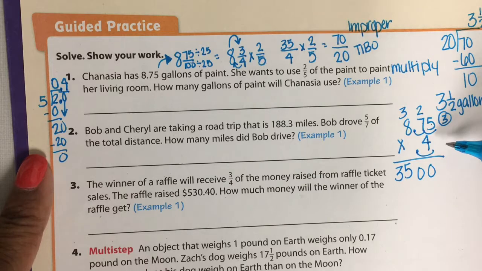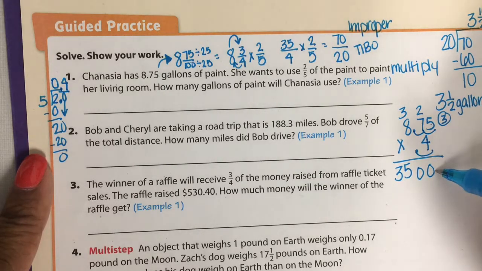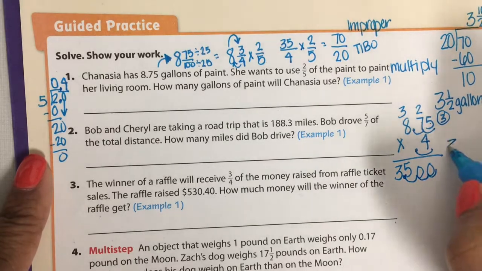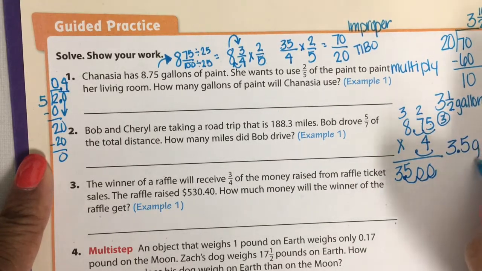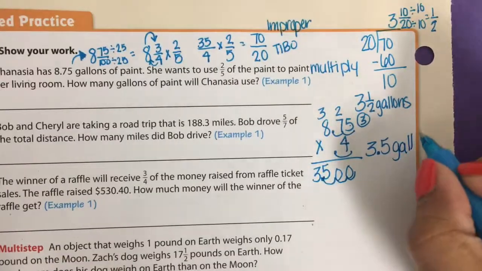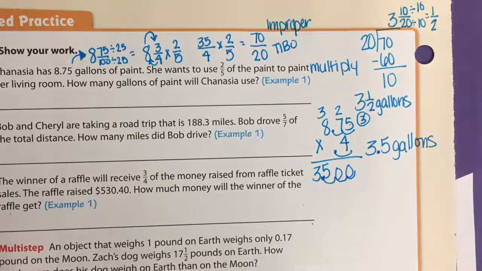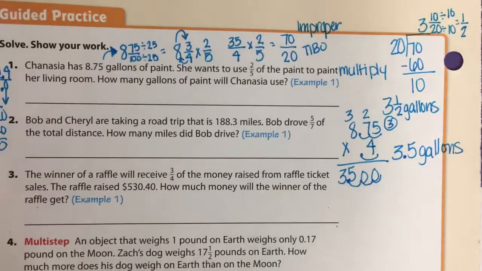So then I move my decimal 3 spaces in. 1, 2, 3. And I have 3 5/10 gallons. Okay, and that's the same as 3.5 gallons. So either way will do.